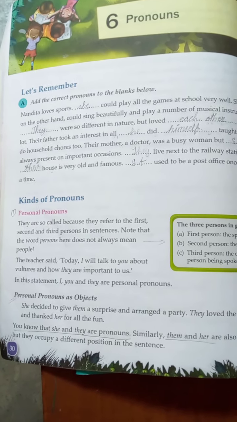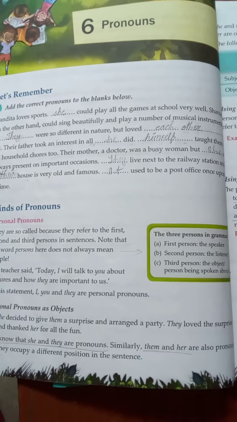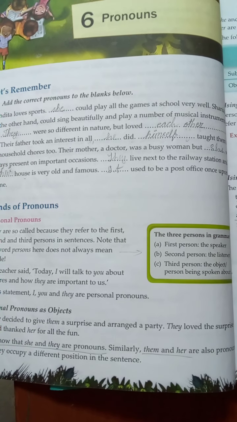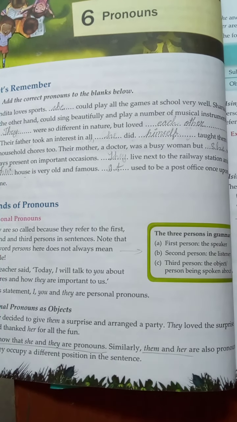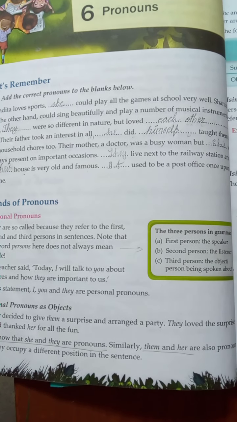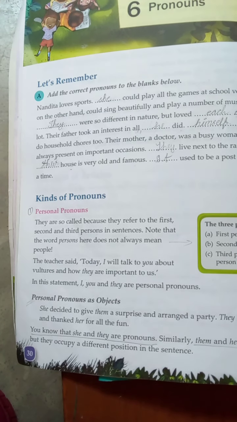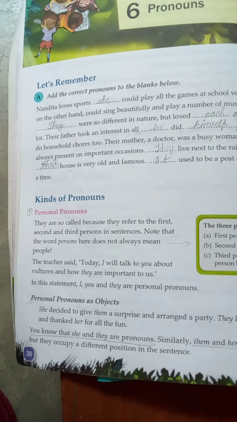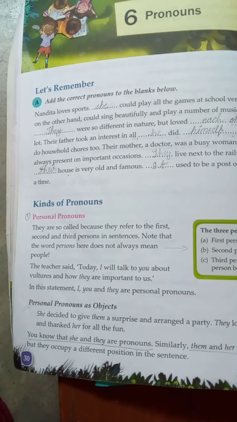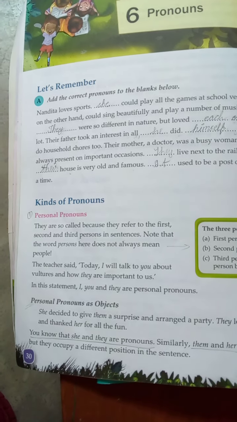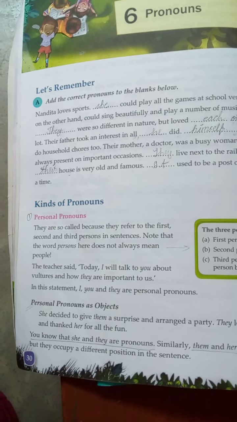Here you can see first person, the speaker, second person, the listener, and third person, the object. An object or a person can be there. So you can see the teacher said, today I'll talk to you about cultures and how they are important to us.